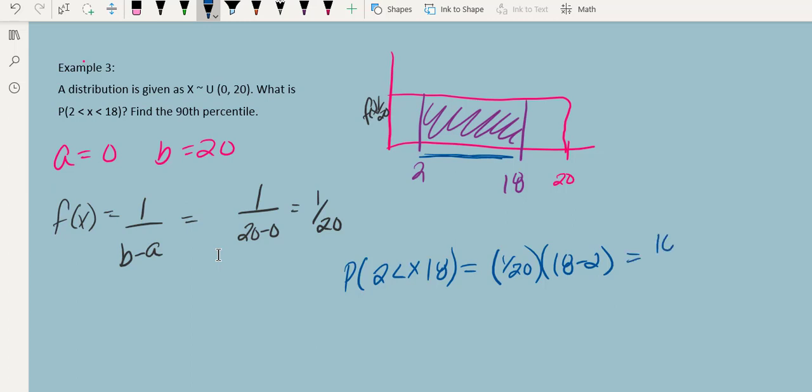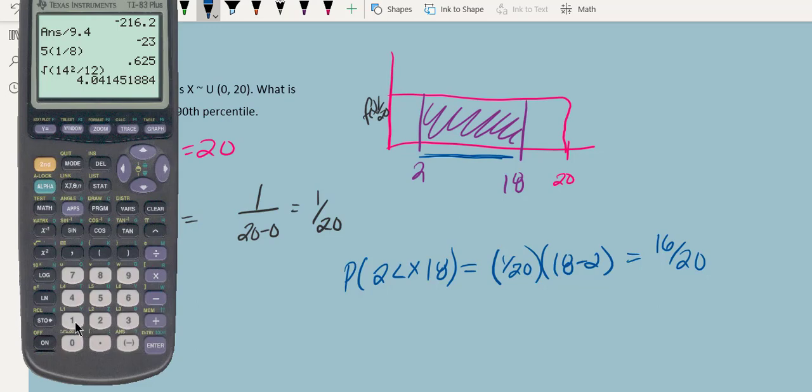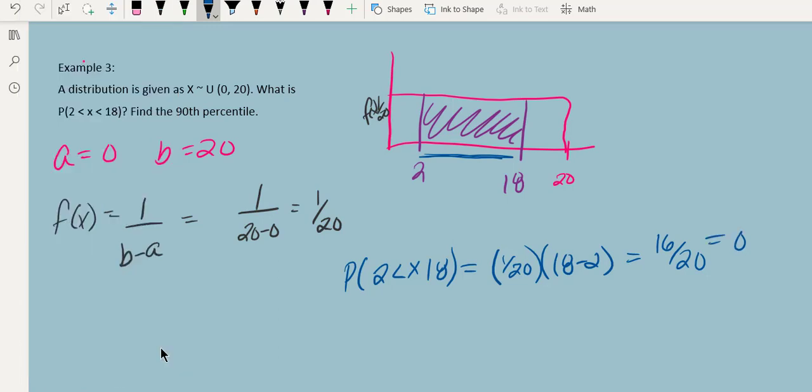So that'll give us 16 over 20. And 16 over 20 as a decimal will give us 0.8. So 0.8 would be my probability or area underneath that curve between 2 and 18.